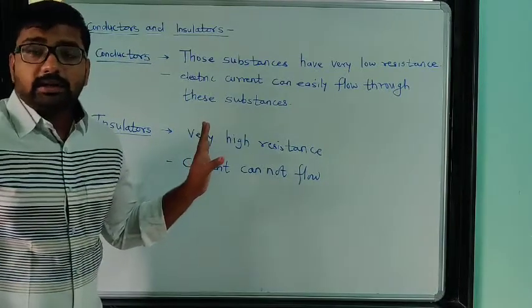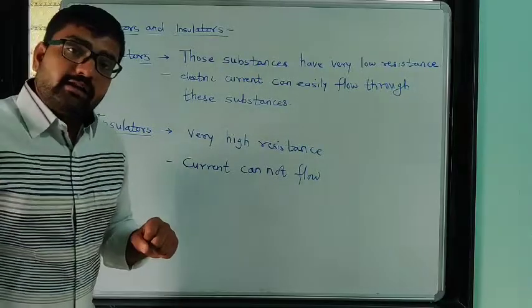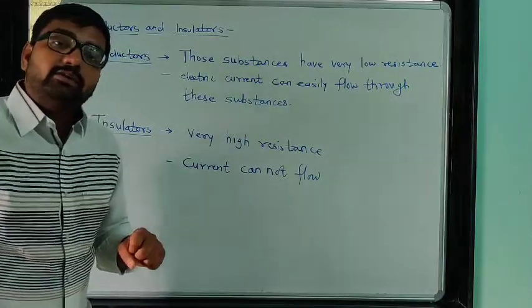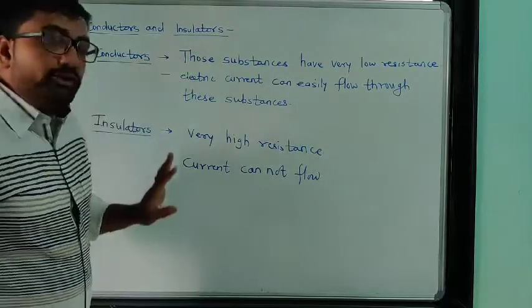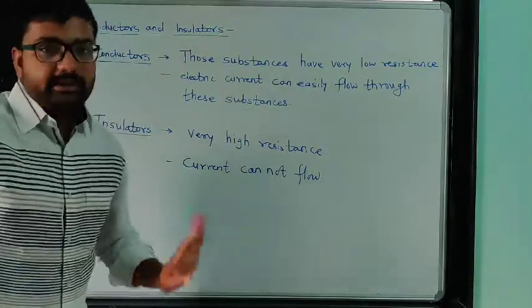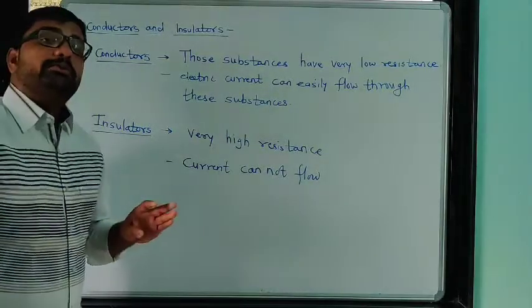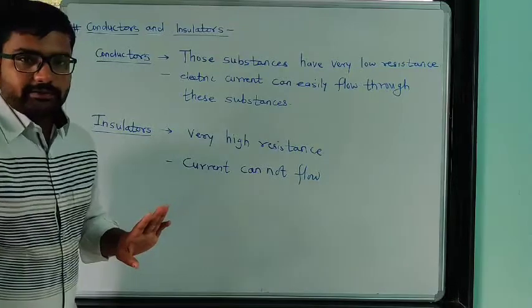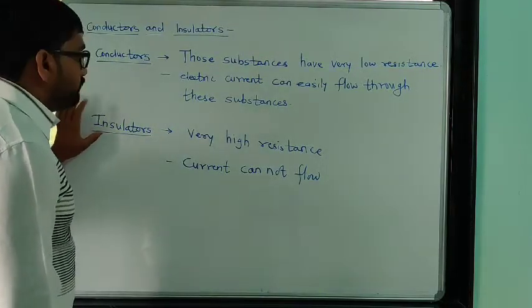Actually, on the basis of electrical conductivity, substances are generally divided into three groups: conductors, insulators and semiconductors. But in our book we have to study only two types of substances, that is, conductors and insulators.